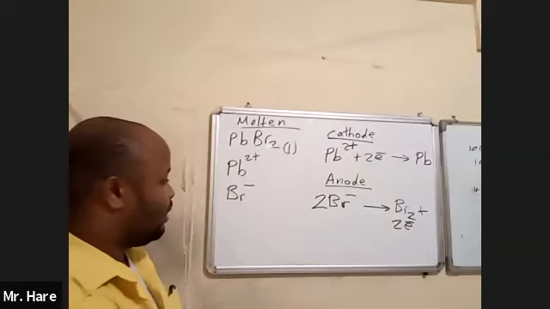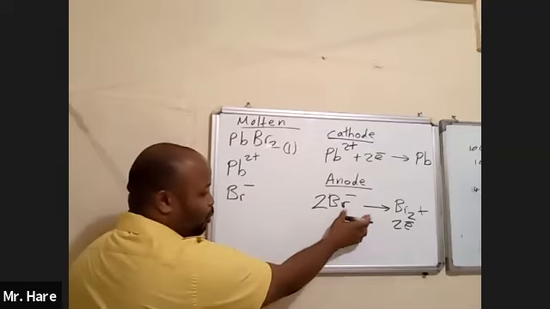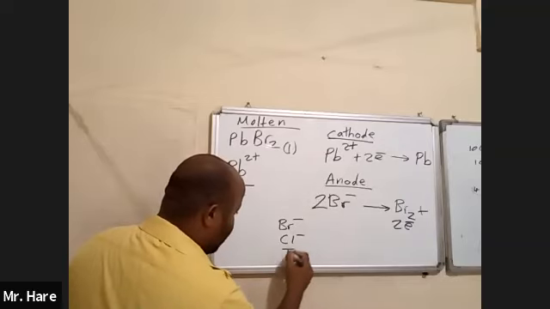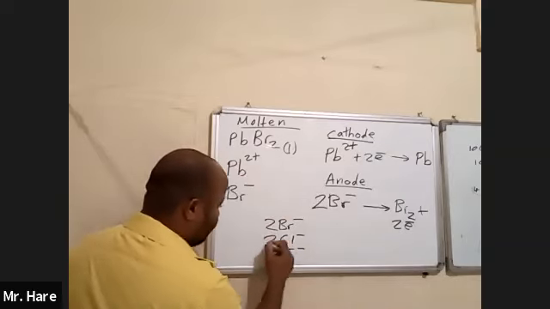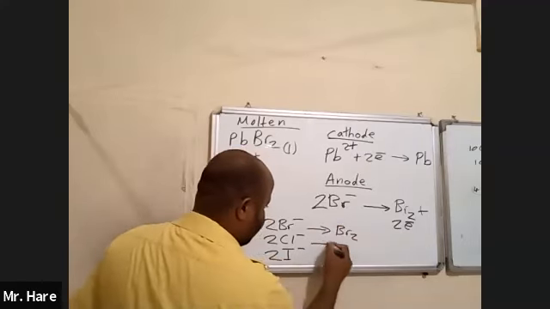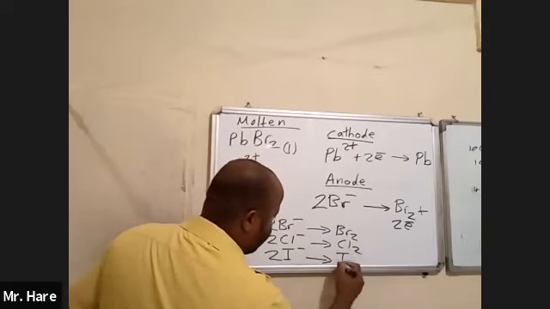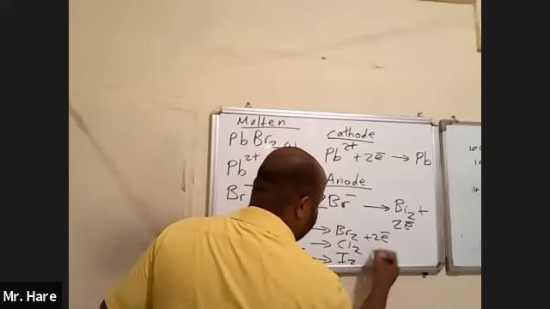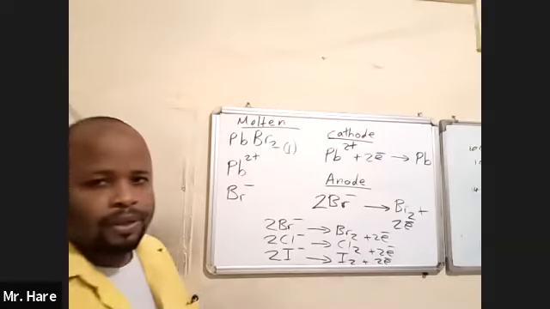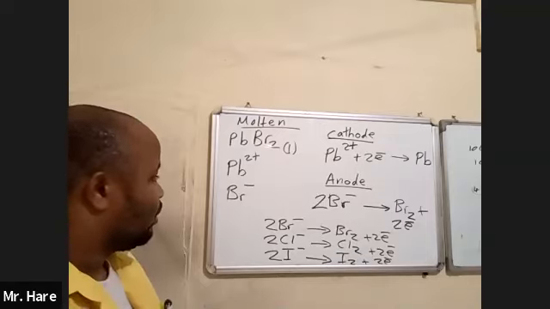All right. So just make a note: these equations are never going to change. So Br minus, Cl minus, I minus. If it was molten lead bromide, it would be bromine that's given off. That is correct.